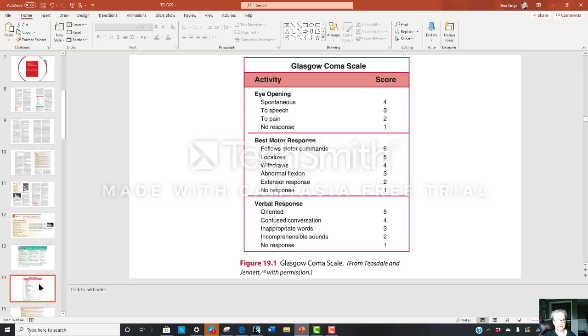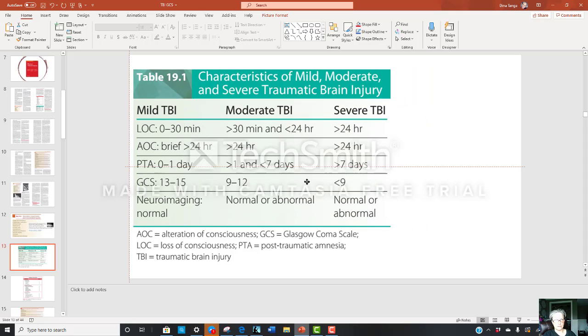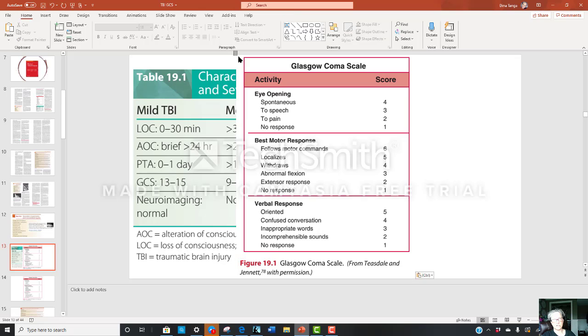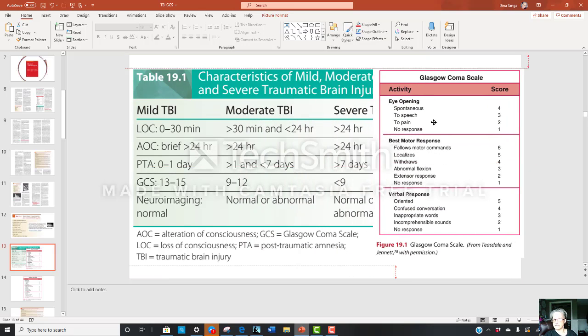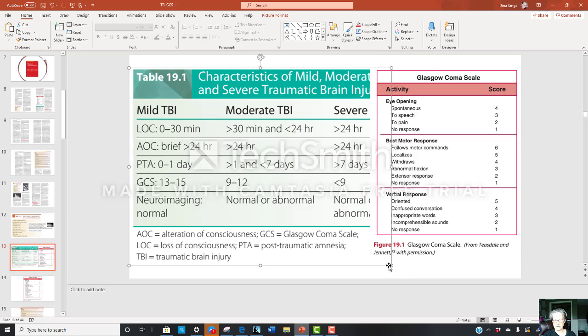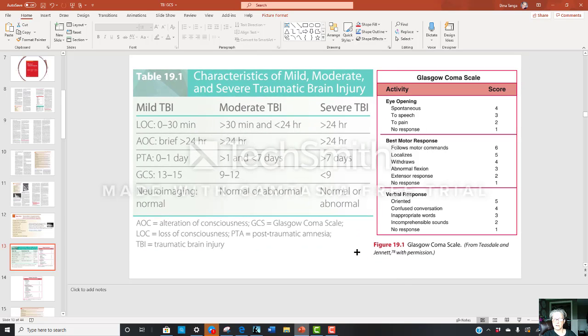And here's the Glasgow Coma Scale. Let's go ahead and copy paste that and bring it over here, that way we can look at it while we're looking at the other one. So for a mild TBI, the Glasgow Coma Scale is 13 to 15.